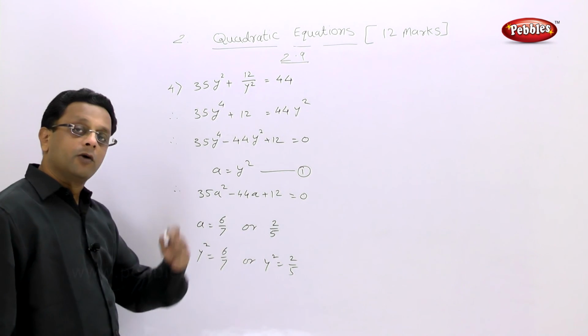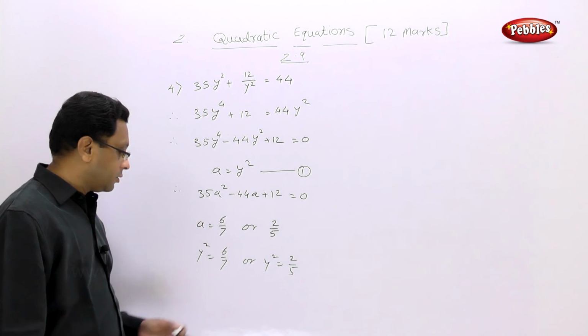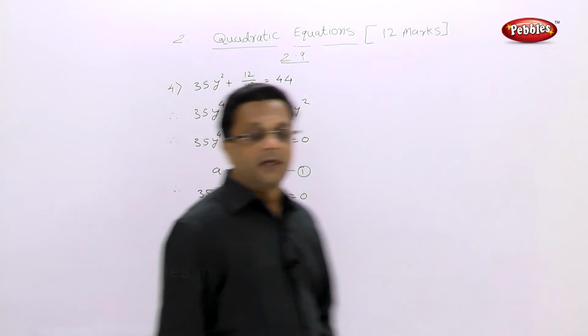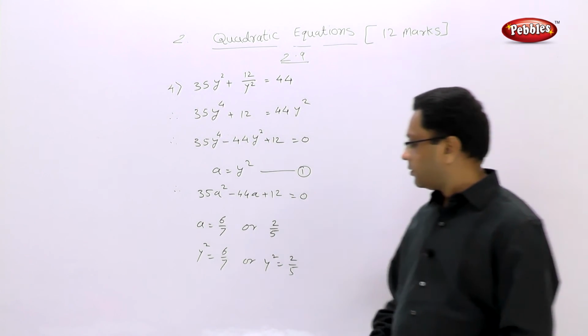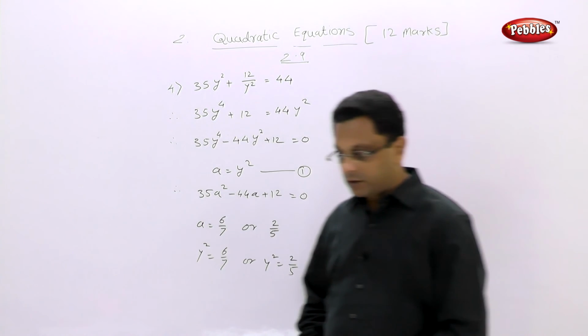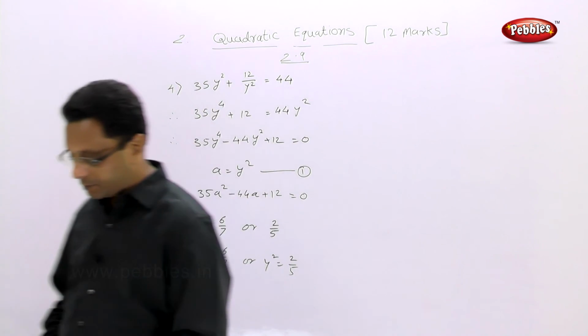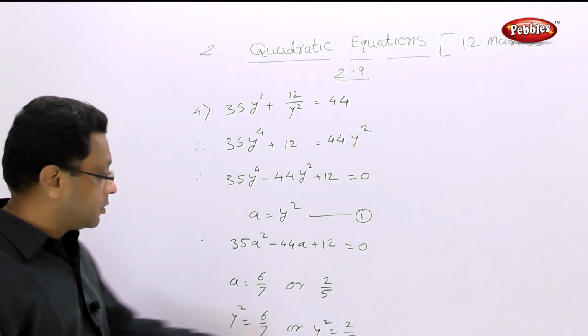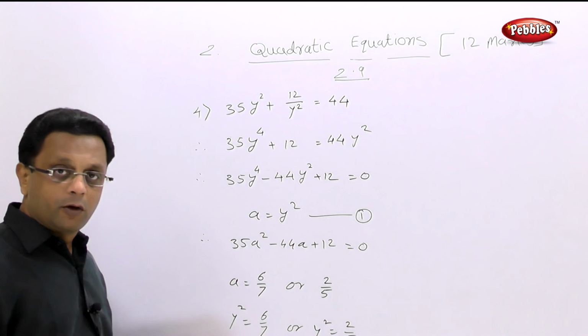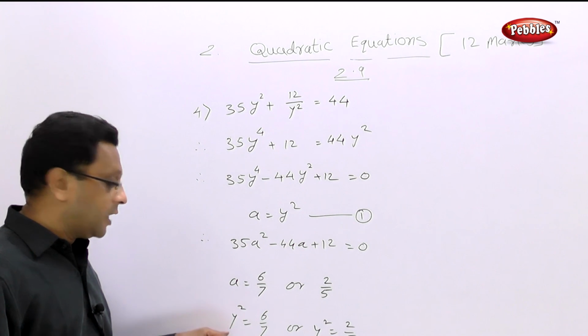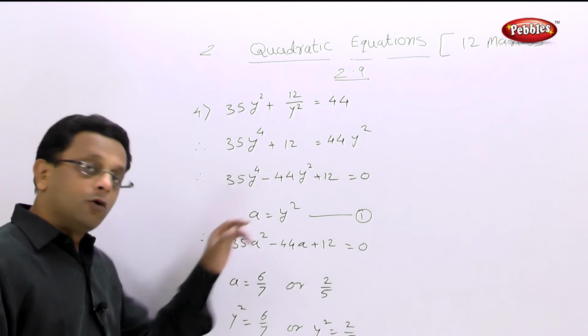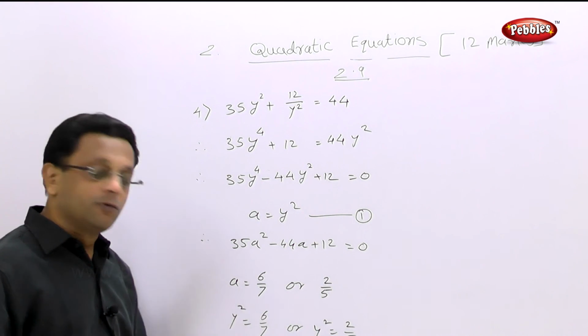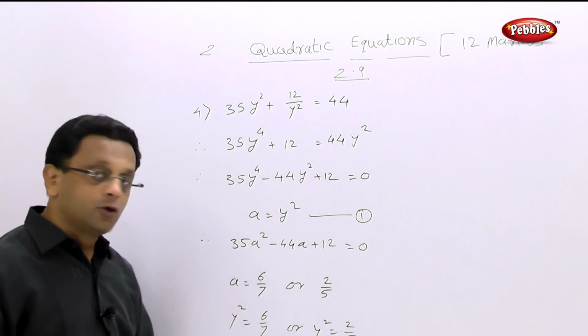and taking square root of both the sides, what you will get, y is equal to plus minus root 6 by 7, y is equal to plus minus root 2 by 5.